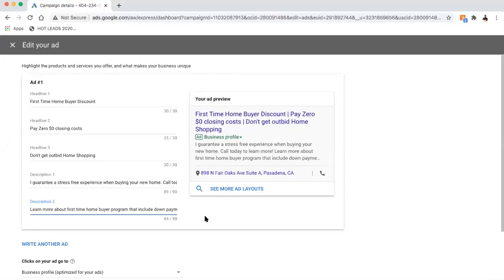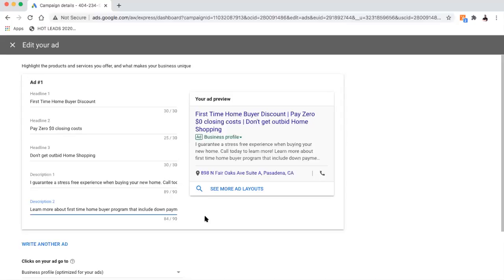Just to recap, Google Ads gives you 3 headlines. According to Paul, they tend to rotate. Is that right? Yeah, they're usually dynamic, which means they change. The headlines that we picked, just to recap so we can get our train of thought again: headline number 1 was first-time home buyer discount. We're targeting buyers on this ad specifically.